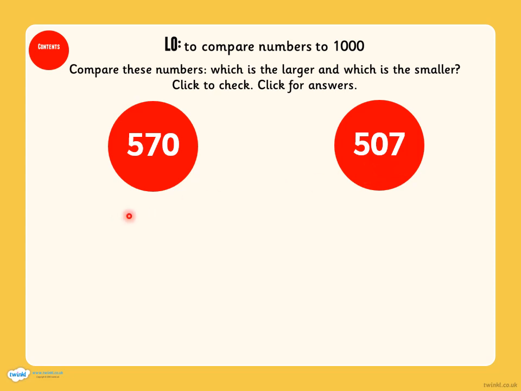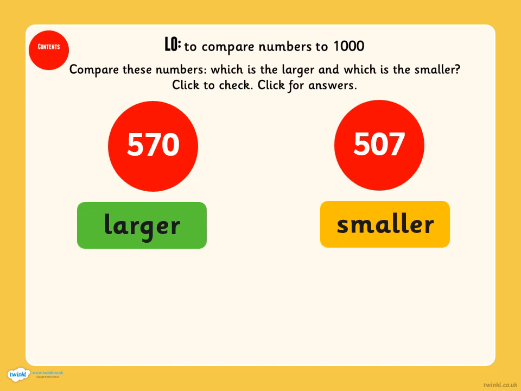All right, so which one is our higher number? That's correct. 570 is our higher number because it has a 7 in the tens place. So 570 is larger and 507 is smaller.